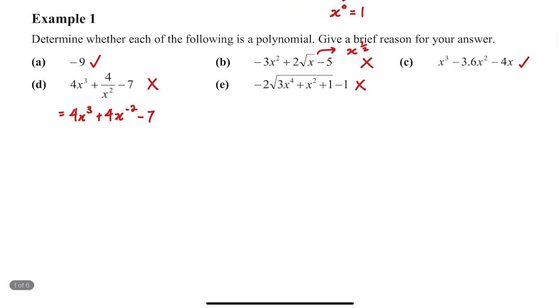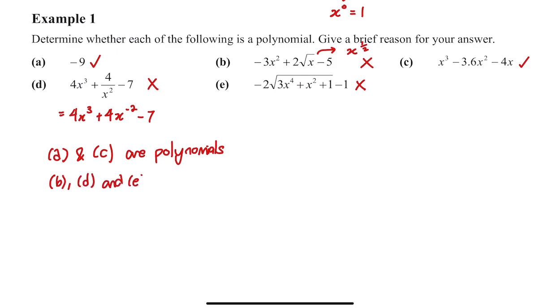I know that for this question, A and C are polynomials. And I know that B, D, and E are not polynomials.